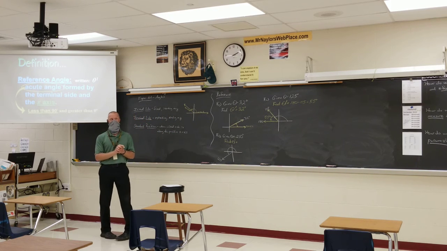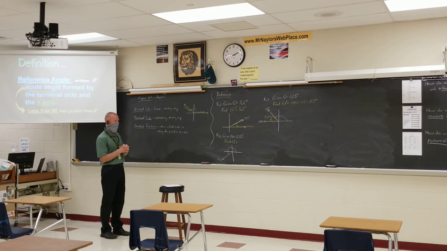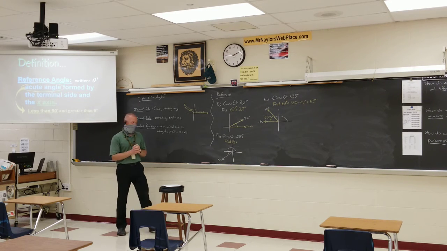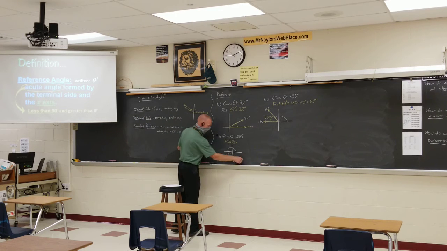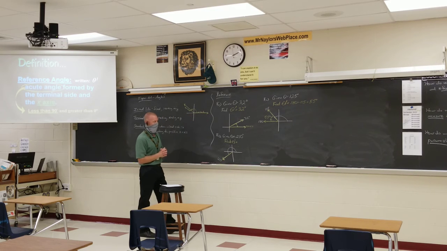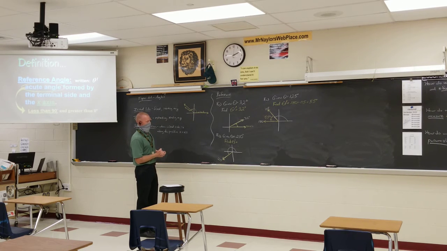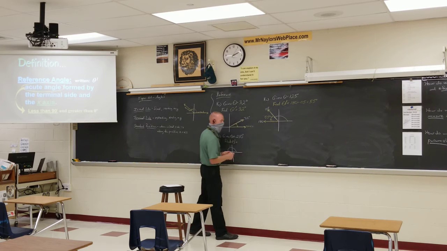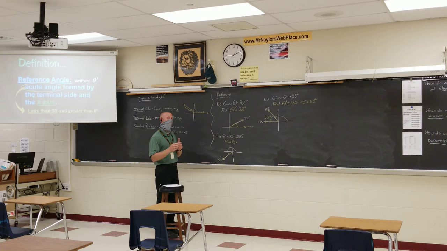Acute. Okay, obviously 210 is not acute, so we got to keep looking. Terminal side. I hope you're getting pretty good with that. Okay, because the terminal side is always the side that was the one that rotated. All right, and then it's time to think about the x-axis and the space between it.